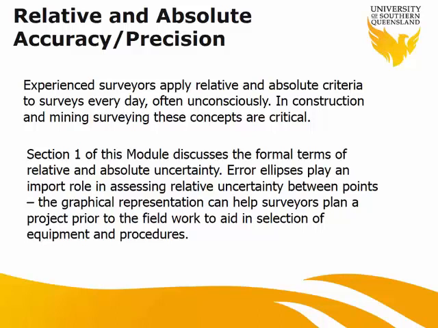We talked about the error ellipse, which plays an important role in relative uncertainty between points, and is also a two-dimensional, graphical representation of uncertainty. It can help us plan a project prior to the fieldwork, identify any error, and make sure that we can use the correct instrument and correct procedure to achieve the required accuracy.